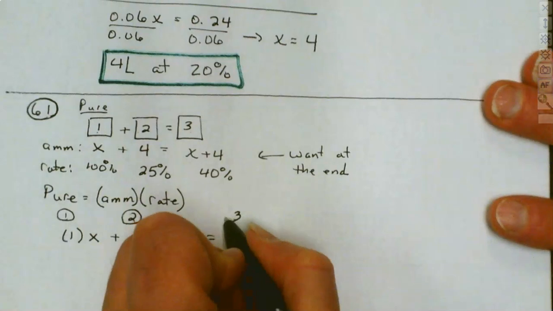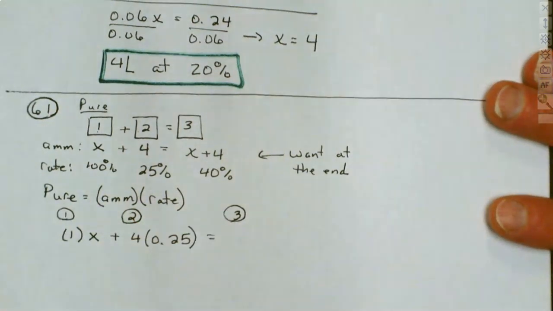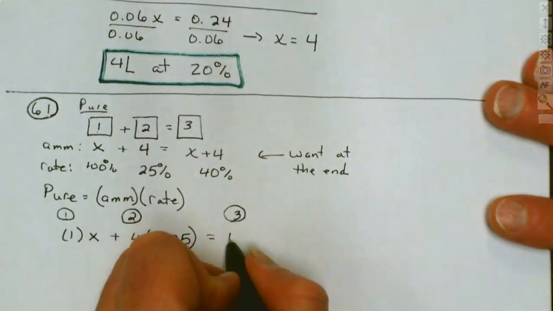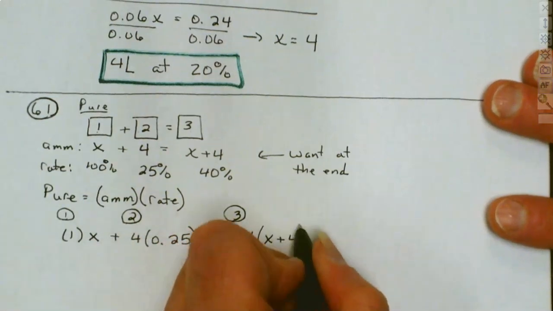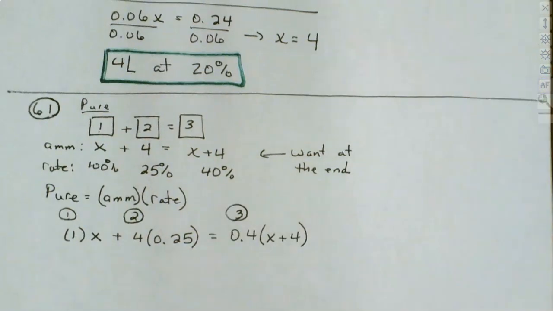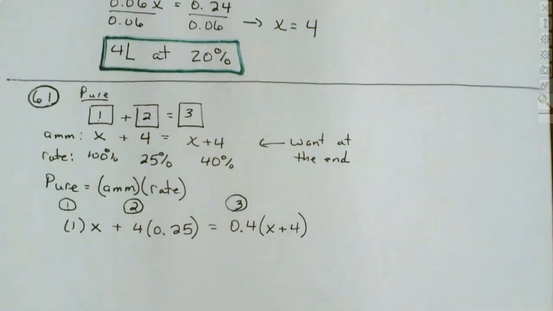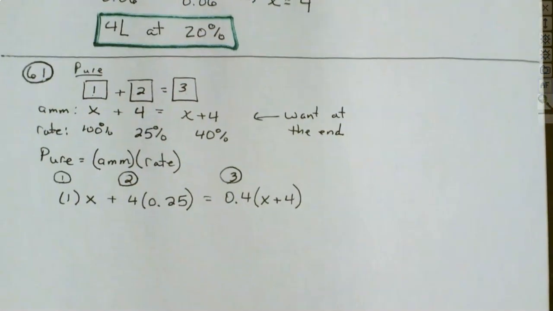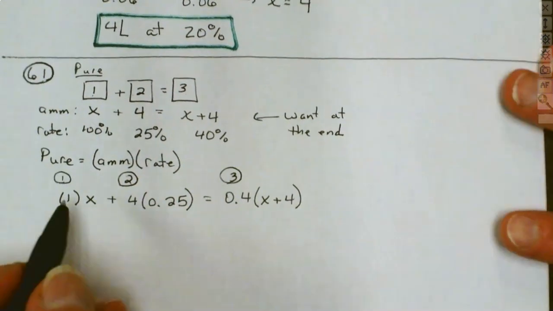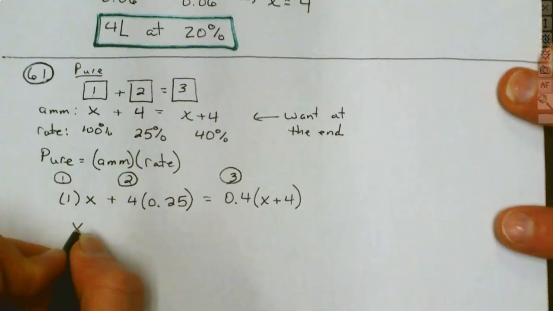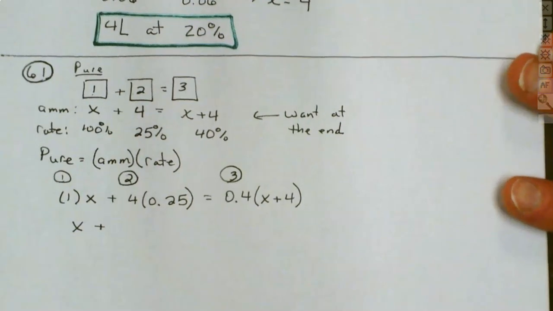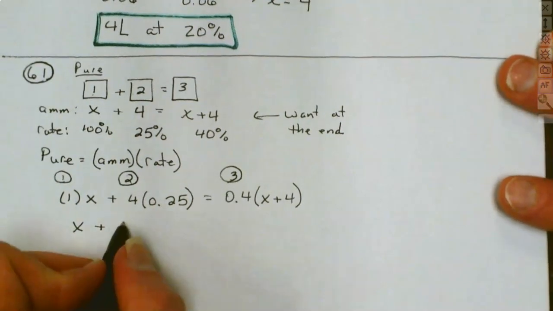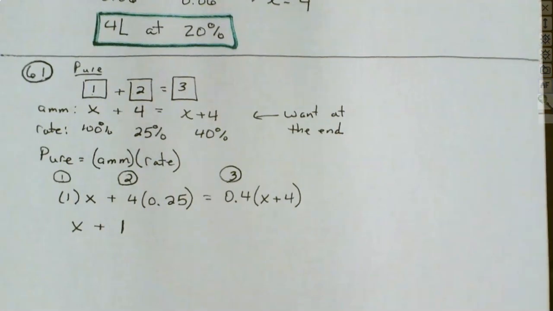Box number 3. What's in box 3? Box 3 is 40%, so that's 0.4. How much is in there? X plus 4. So now we have successfully built our equation. We've got 1 times X. Well, 1 times X is just a single X. And then we've got 4 times 25%. 4 times 25% should be the 1 there.